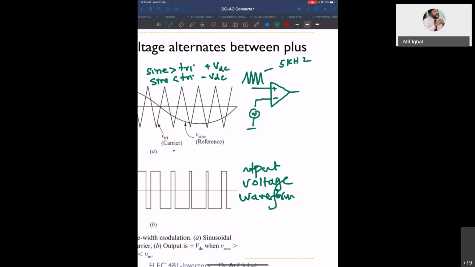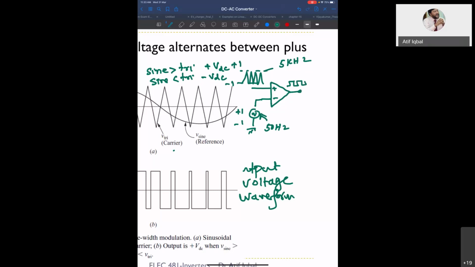And here you give a sine wave. The frequency of this sine wave should be the same as what you want the fundamental output. The magnitude of this we keep as +1 and -1. This is for the control side I am telling you.